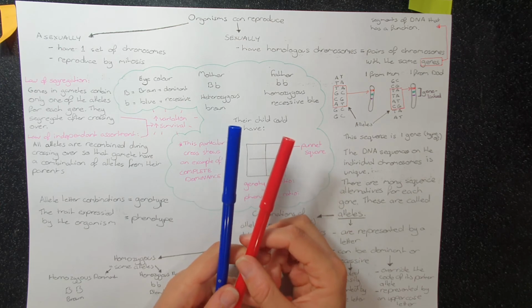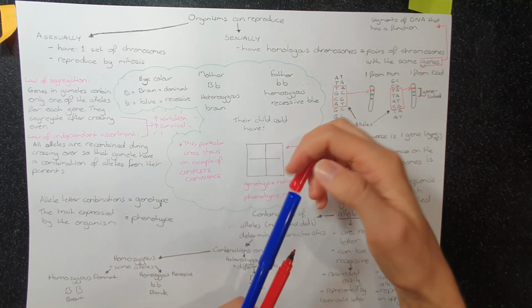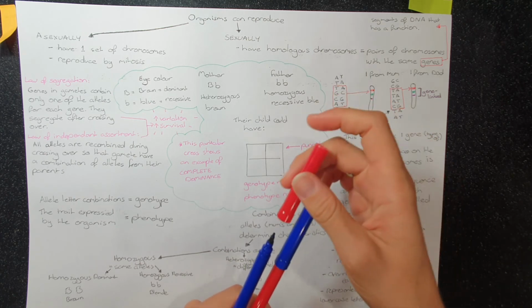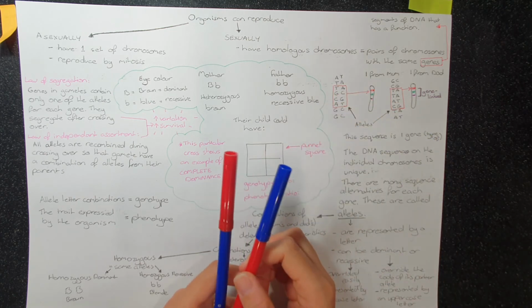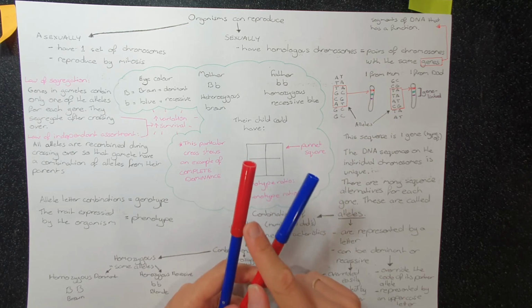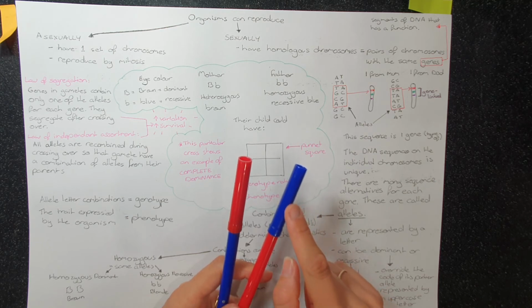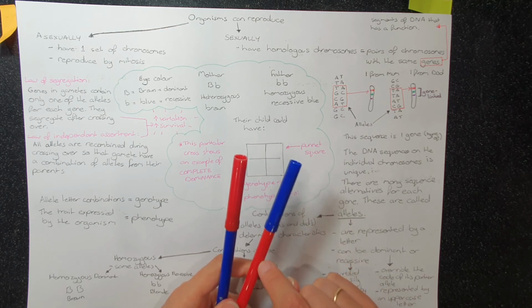What that would mean is that during the process of crossing over, these alleles are swapped, and so this chromosome now offers brown eyes and blonde hair, while this chromosome now offers brown hair and blue eyes.